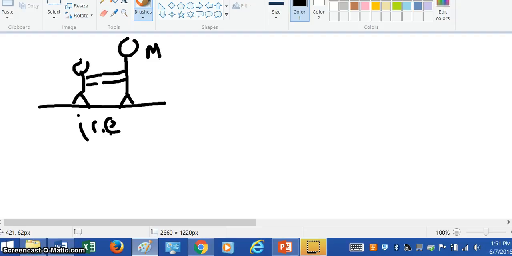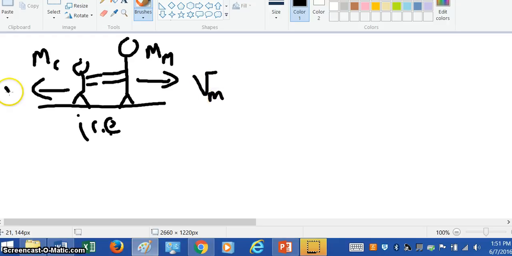We want to know the mass of the mother, and we want to know the mass of the child. When the mother pushes off, the mother goes in this direction. When the child pushes off, the child goes in this direction. The mother will go with a velocity, we'll call it the velocity of the mother, and the child will go with a velocity, we'll call it the velocity of the child.